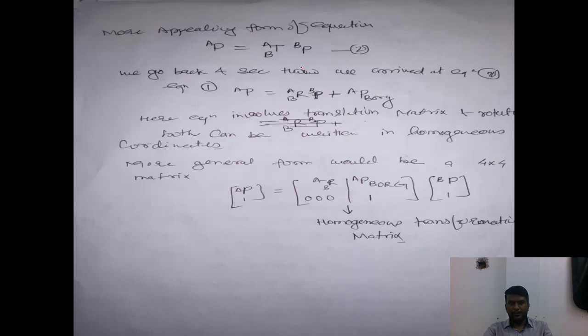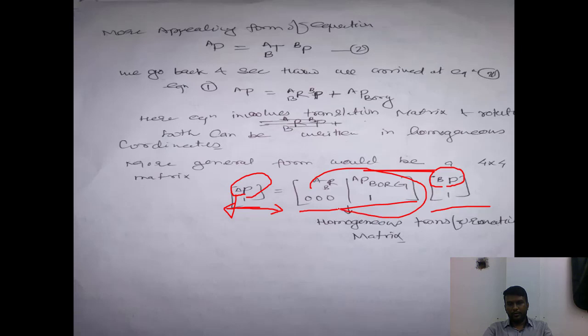Again, what we can do is combine these two matrices and directly multiply with the original vector. So we get the new matrix that will give us the position and orientation of the new point. This is the point in frame B, and this one is in frame A. If we multiply with the homogeneous transformation matrix, we get the position in frame A. The only thing we need to remember is the homogeneous transformation matrix, which involves the rotation as well as the translation.